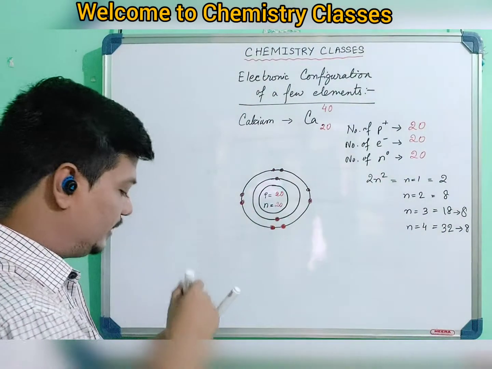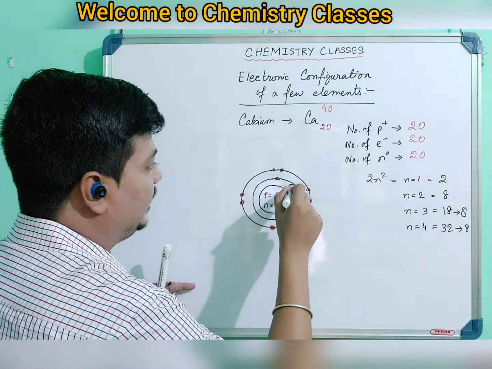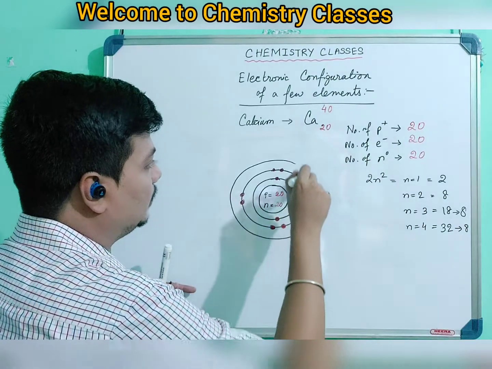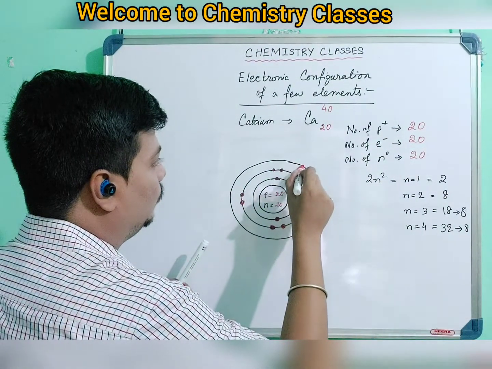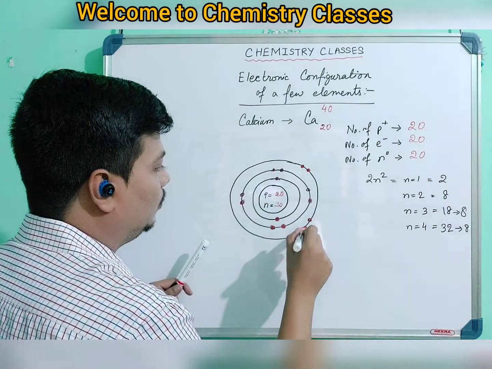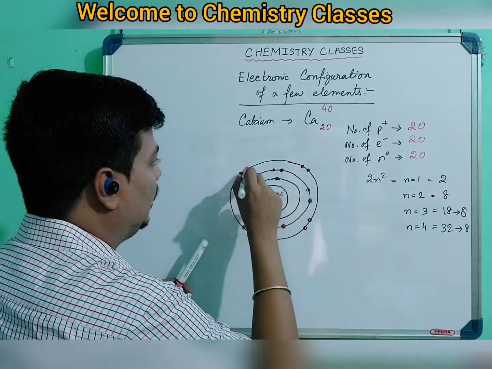So in the next shell also I have given 8 electrons. This one is K, this one is L. The next one is M. How many? Again 8. 1, 2, 3, 4, 5, 6, 7, and 8.